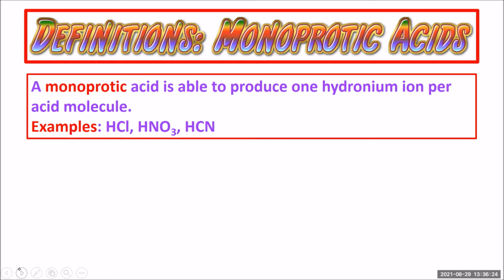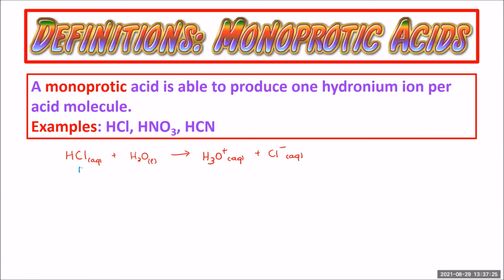Let's have a look at some ionization equations. First of all, for hydrochloric acid, HCl. We're having it react with water, and this is going to produce hydronium ions and chloride ions. And what we can see here is that one hydrochloric acid has produced one hydronium ion.